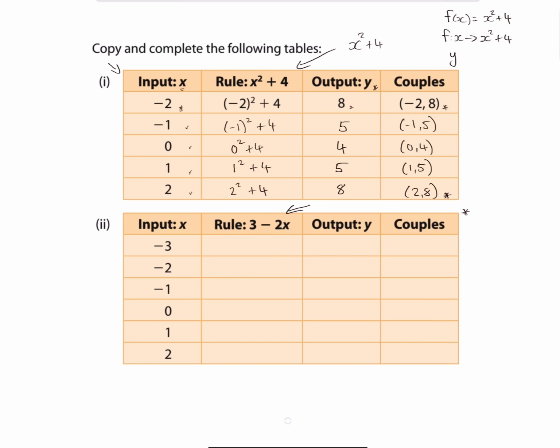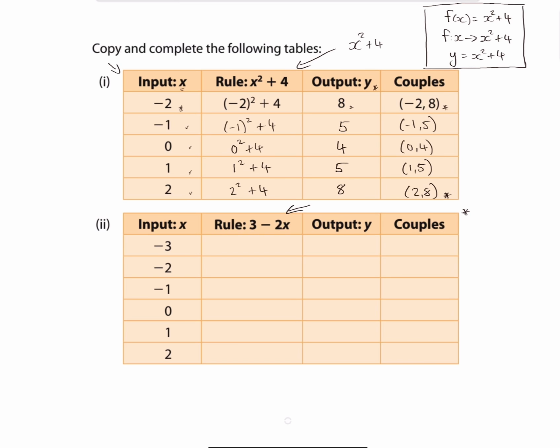Or you can write y equals x squared plus 4. We only briefly touched on that in the last lesson. And here they just told us that the rule was x squared plus 4. But if you were going to write it out as a function, they might write it out like this, okay?